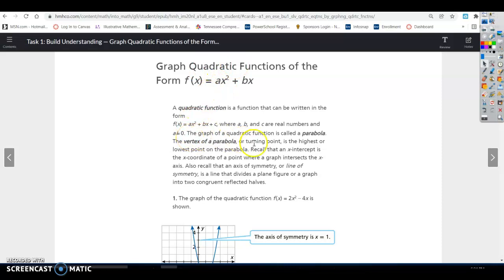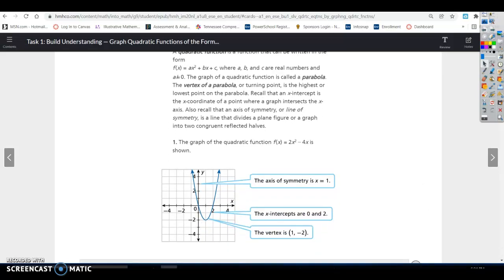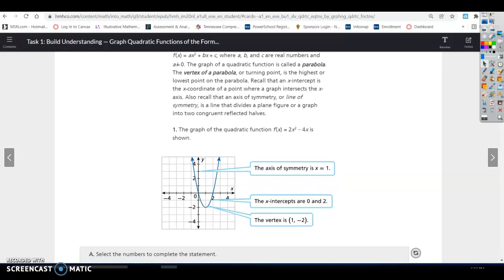All right, so the graph of a quadratic function is called a parabola. The vertex of a parabola, or turning point, is the highest or lowest point on the parabola. Recall that an x-intercept is the x-coordinate of a point where a graph intersects the x-axis. Also recall that the axis of symmetry, or line of symmetry, and those are two terms for the same thing, is a line that divides a plane figure or a graph into two congruent, meaning equal, reflected halves.